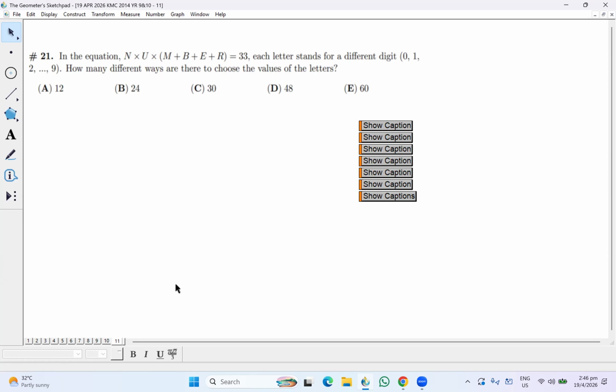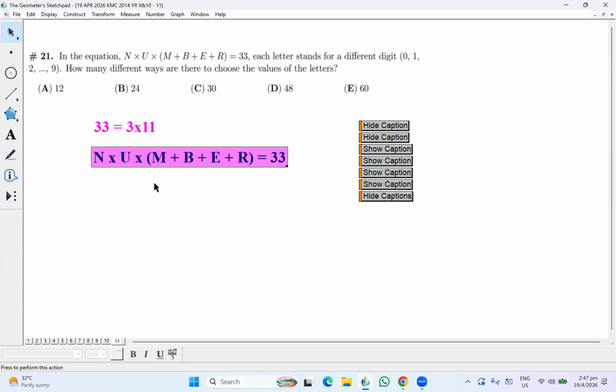So 33 is a special number. We must break it up as 3 times 11. If break as 1 times 33, not good. N times U, the two numbers must be 3. So must be 1 and 3.